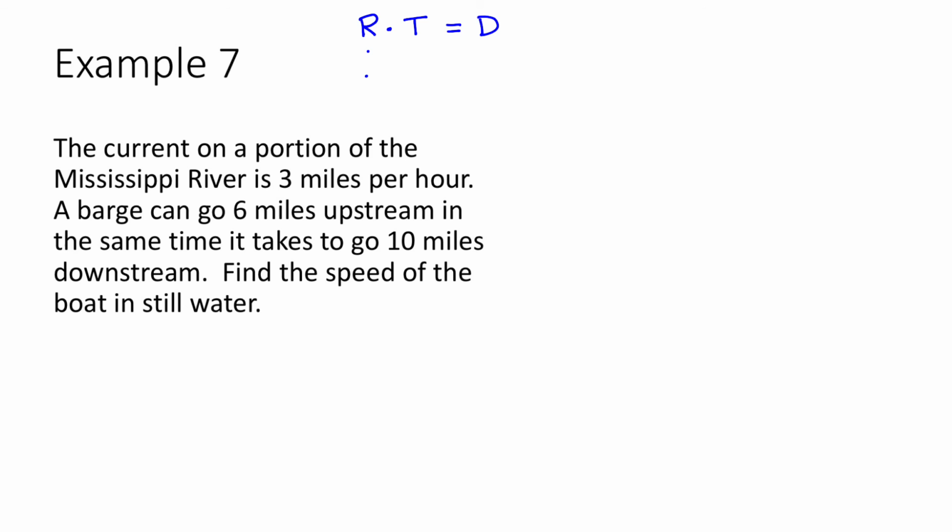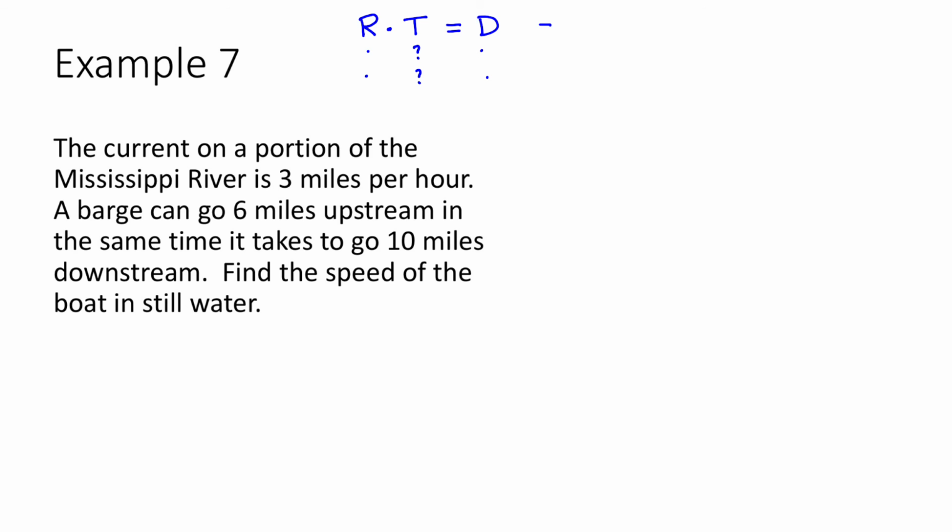I don't know what the rate is, but I know something about the rate for each of those. And then I know the distance: it's going 6 miles upstream, 10 miles downstream. What I don't know about is the time. I know that the times are equal to each other, but I don't know what the time is.